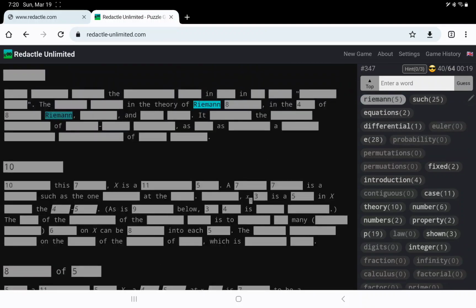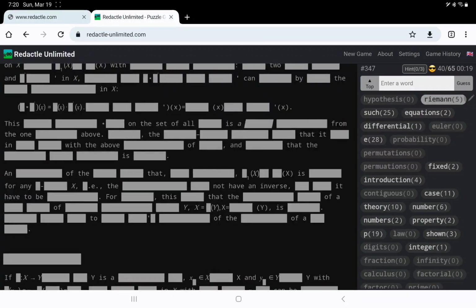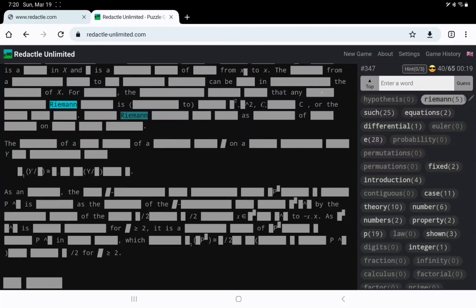In the theory of Riemann something, there's the Riemann hypothesis, right? No. Riemann, that any 6, 9 Riemann 7 is something to something.